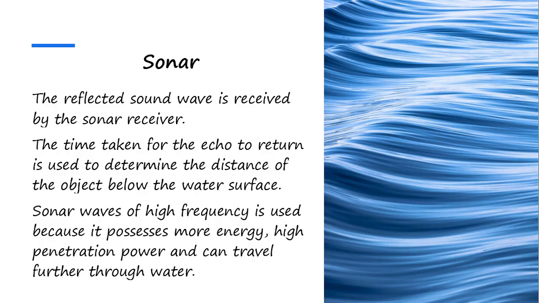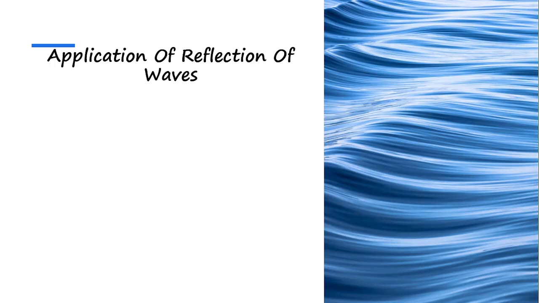Also, sonar waves of high frequency are used because they possess more energy, have high penetration power, and can travel further through water. So why do we use high frequency sonar waves? Because they possess more energy, high penetration power, and can travel further through the water.